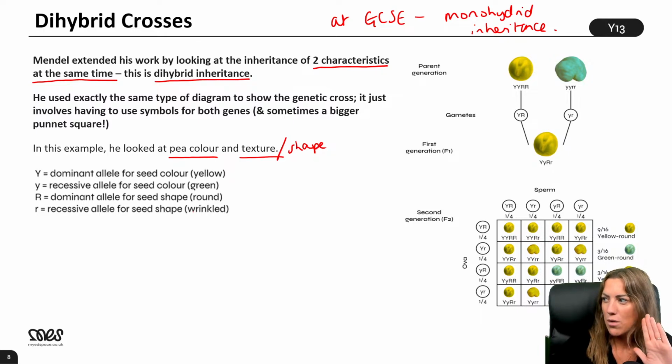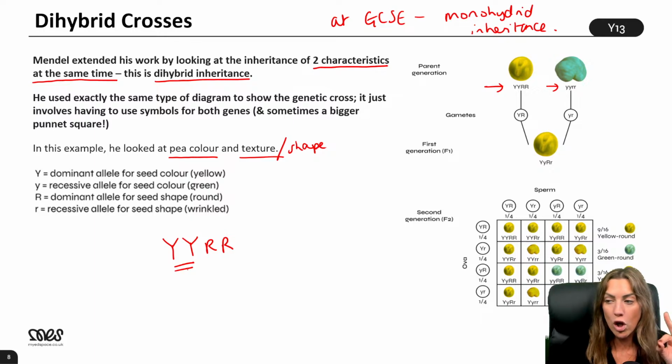And we're looking at them both together. So have a look at this diagram. What they've done here is they've written the genotype for each pea plant, but they've shown the alleles for both genes. So this yellow pea was homozygous dominant for colour and homozygous dominant for seed shape.